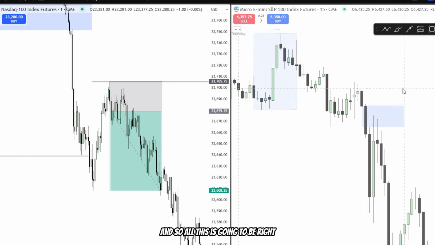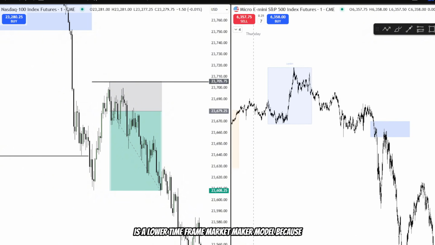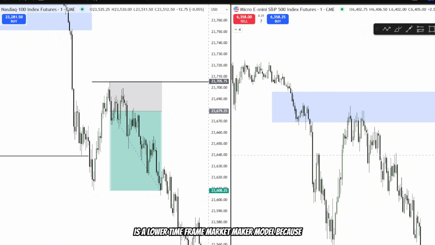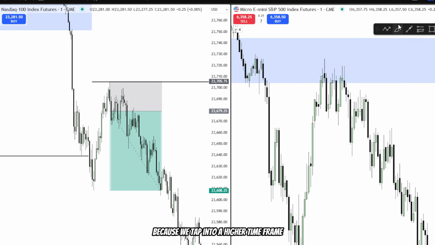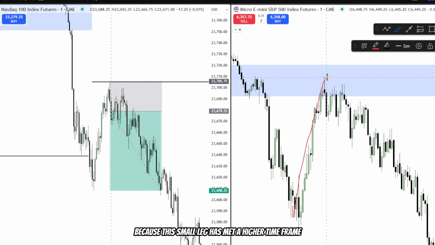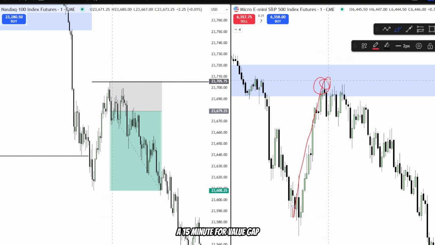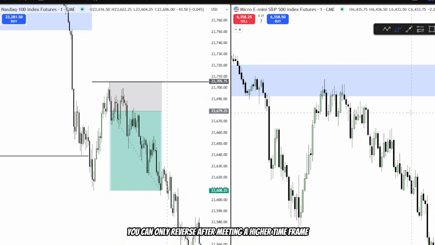And so all this is going to be is a lower time frame market maker model, because we tap into a higher time frame point of interest, right? So we can start reversing here because this small leg has met a higher time frame point of interest, which is what? A 15-minute fair value gap, right? Because we know you can only reverse after meeting a higher time frame point of interest.